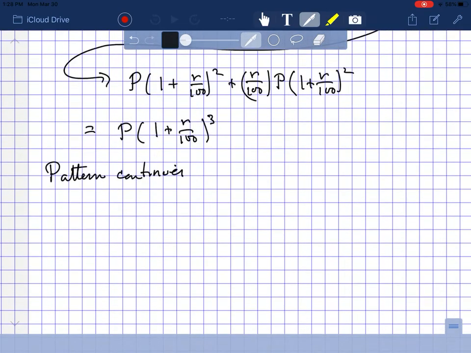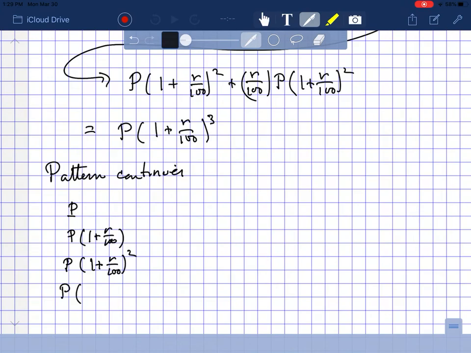And you might say, well, what pattern? Well, the pattern is at the beginning of the first year, we're putting P dollars into the bank. At the end of the first year, we have P times 1 plus R over 100 in the bank. At the end of 2 years, it's P times 1 plus R over 100 squared.